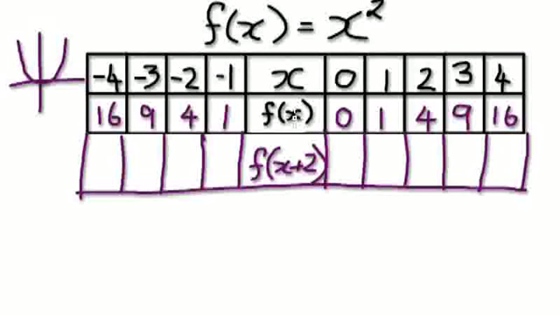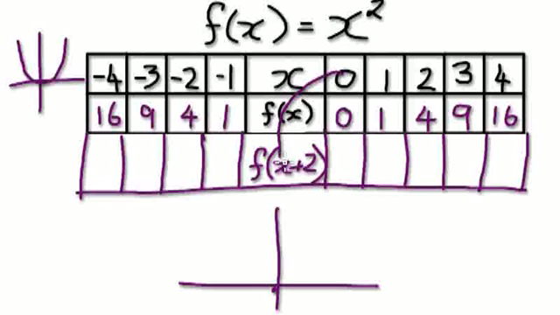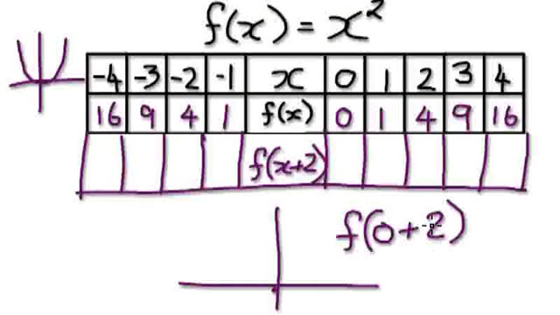Okay, so now if f of x is here, we want to investigate f of x plus 2. For our first point, which is when x is 0, we put the 0 into this x here. So it would be f of 0 plus 2, which is 2, which is in effect us trying to find out f of 2.